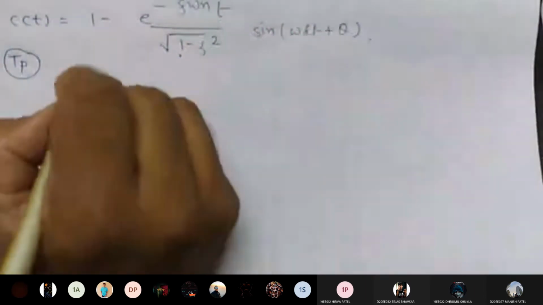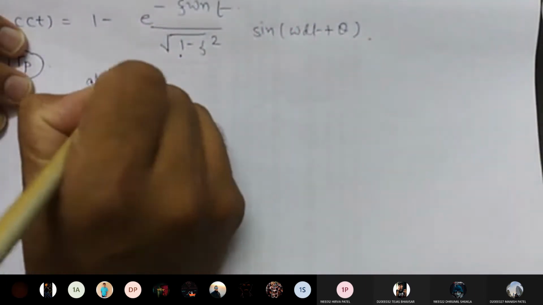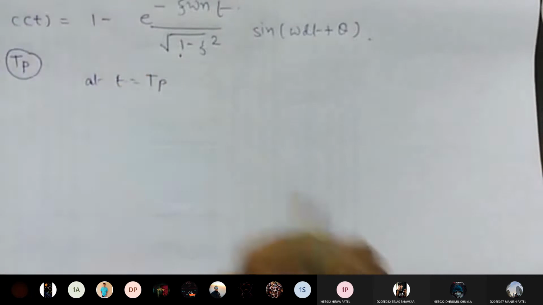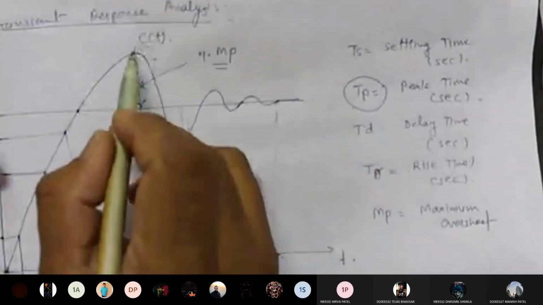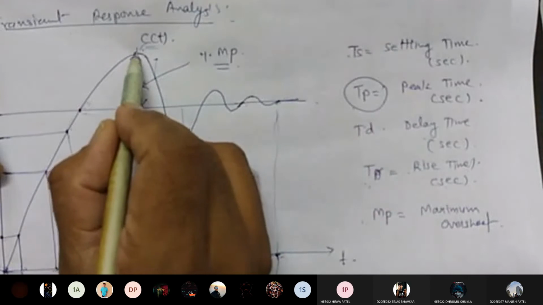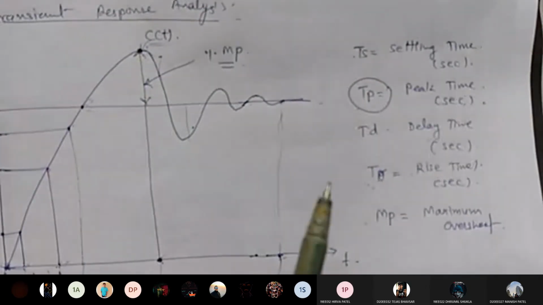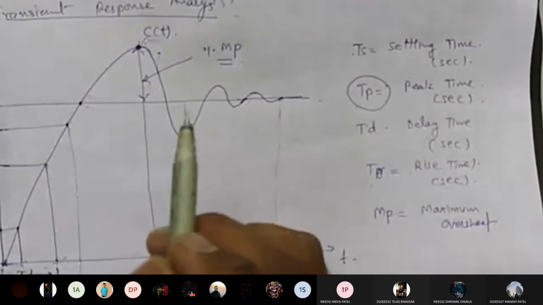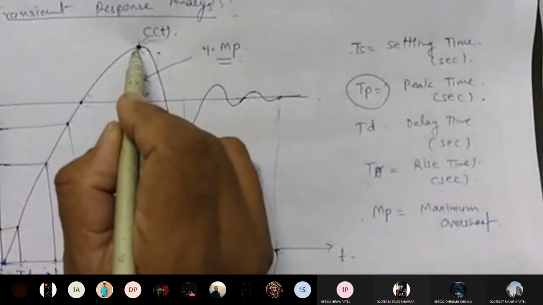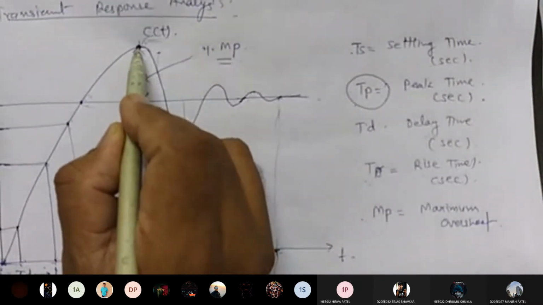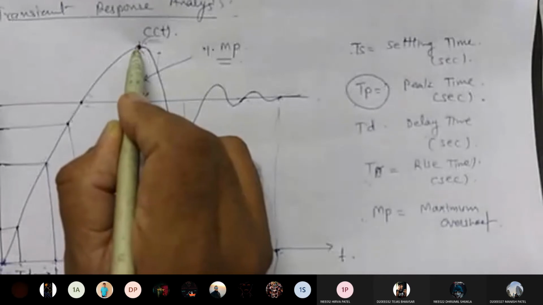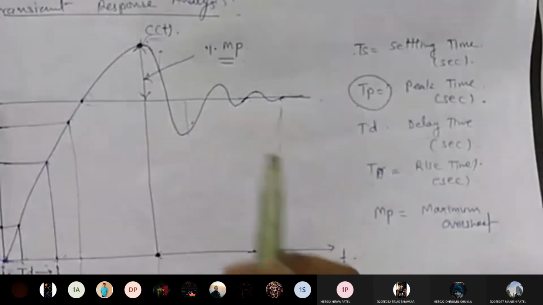So I can write, at t is equal to TP, what will be the rate of change of C(t) over here? At any peak, the rate of change of that function with respect to time will be 0.